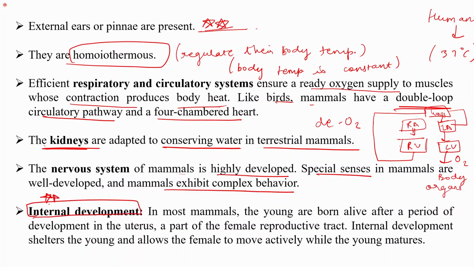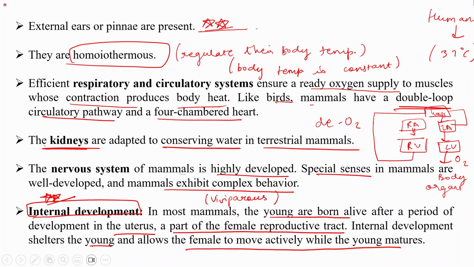In most mammals, the young ones are born, so mostly they are viviparous, giving birth to the young after a period of development in the uterus, which is a part of the female reproductive system. Internal development shelters the young and allows the female to move actively while the young matures, creating less hindrance and providing protection to the young inside the female's body.